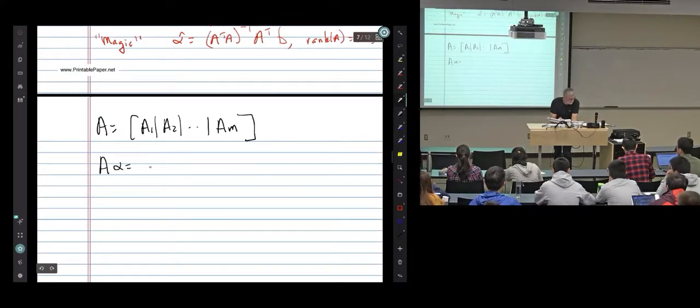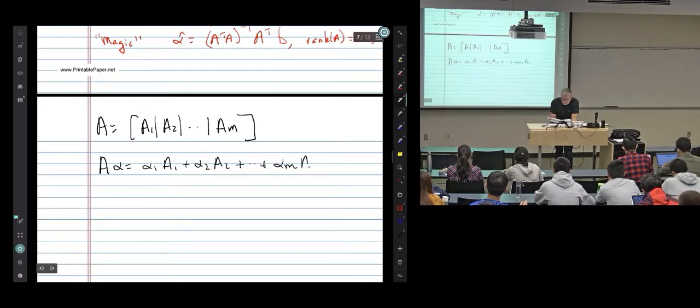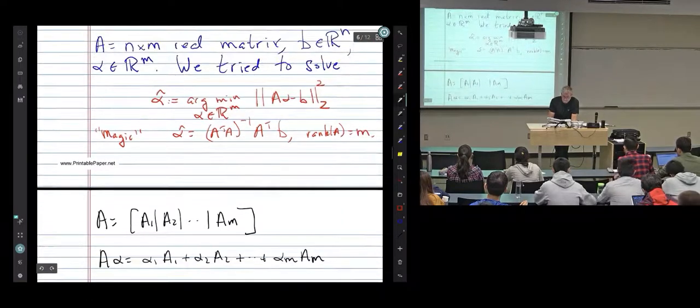A times alpha is just alpha 1 times A1, plus alpha 2 times A2, plus alpha m times AM, okay?